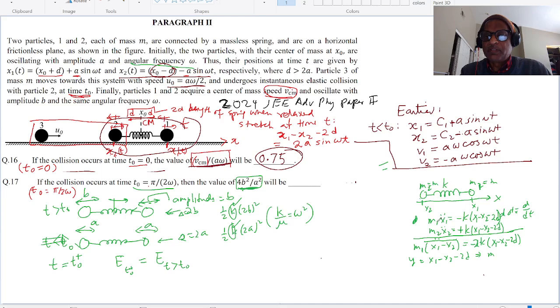This m1 and m2 are same, both m, so m is common. So we have m y double dot equals to minus 2ky, and so this tells you it's a simple harmonic motion, and so divide by m.